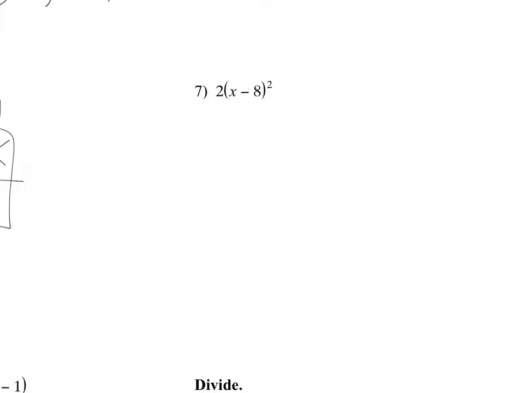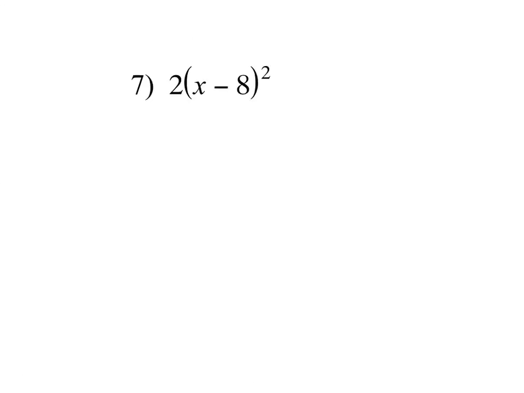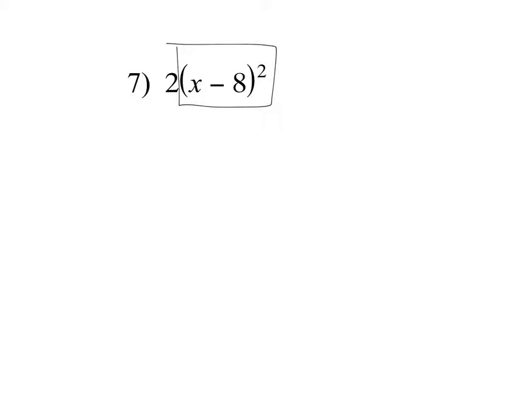This one here you have to be careful with. There's a little extra math involved there. Okay, you got to do the exponents first. Exponents come before multiplication. So you have to make sure that you do x minus 8 times x minus 8 first, or the squaring.